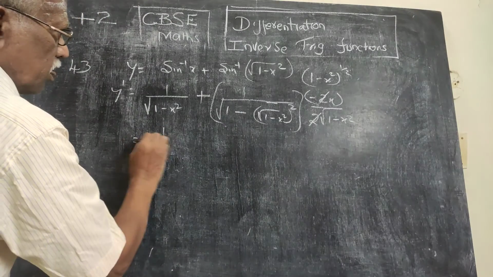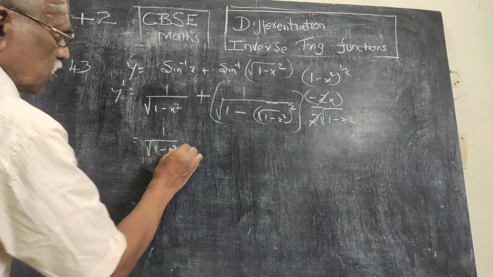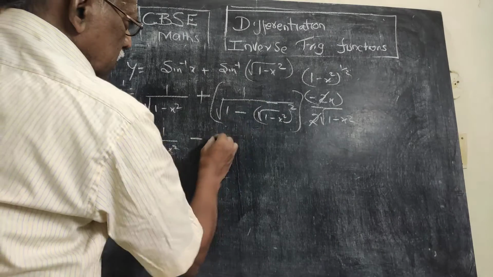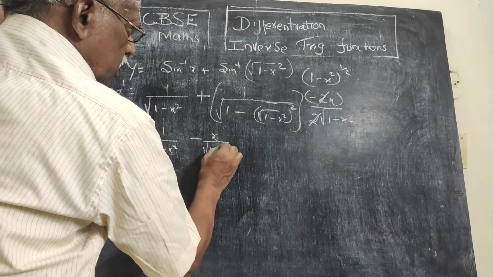Now the answer is 1 by root of 1 minus x square minus x by root of 1 minus x square.